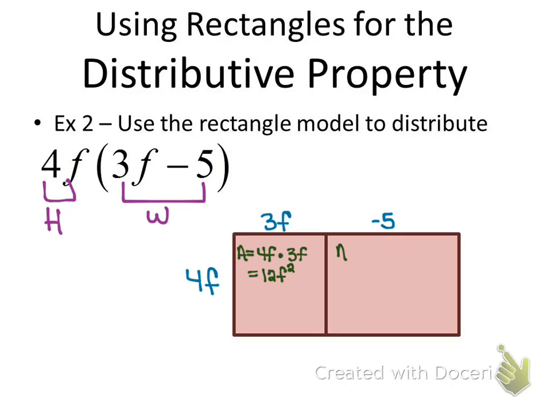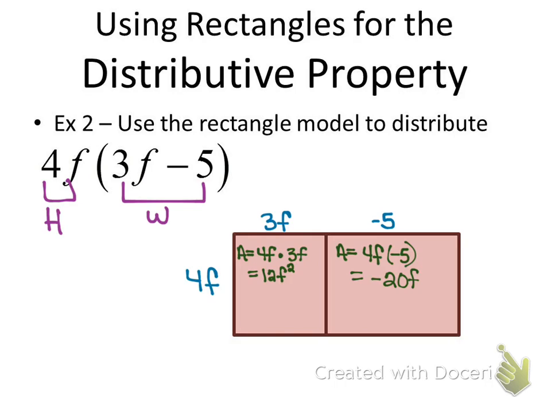The area of your second rectangle? 4F times negative 5. Now, that's not a very clean way of writing that. Do not use x to show multiplication. I would put parentheses around my negative 5 to show multiplication, which would equal, good, Nico, negative 20F.